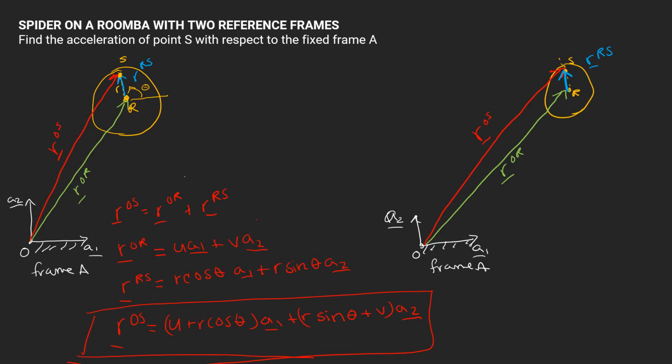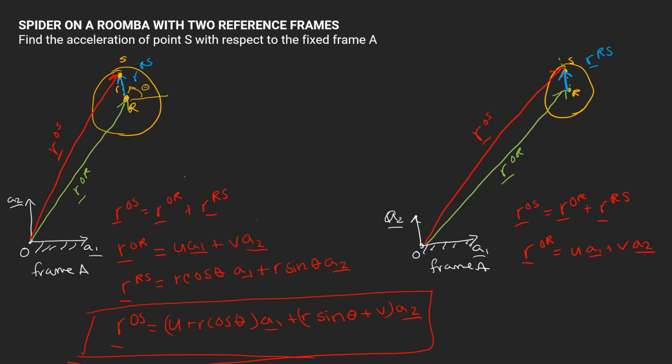Of course, ROS still is equal to ROR plus RRS. And ROR is still going to equal some magnitude in the A1 direction plus some magnitude in the A2 direction.